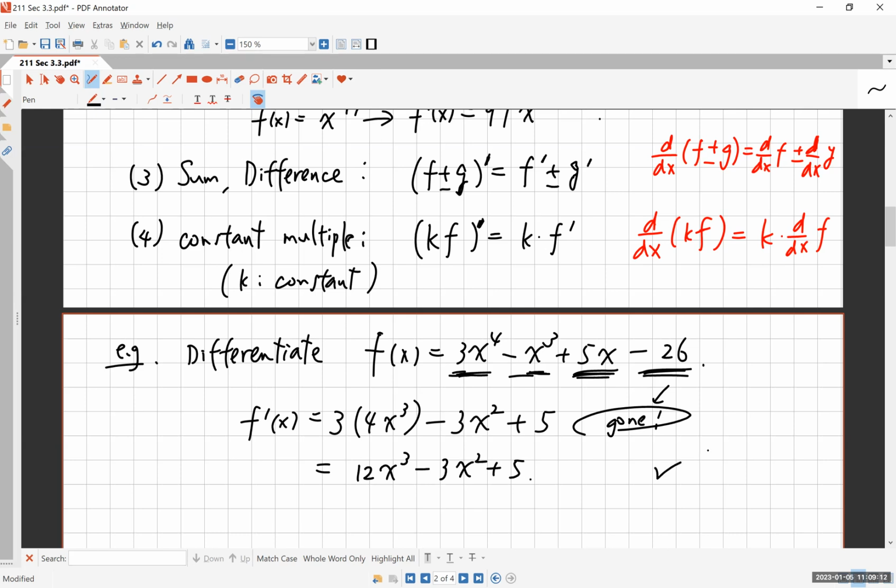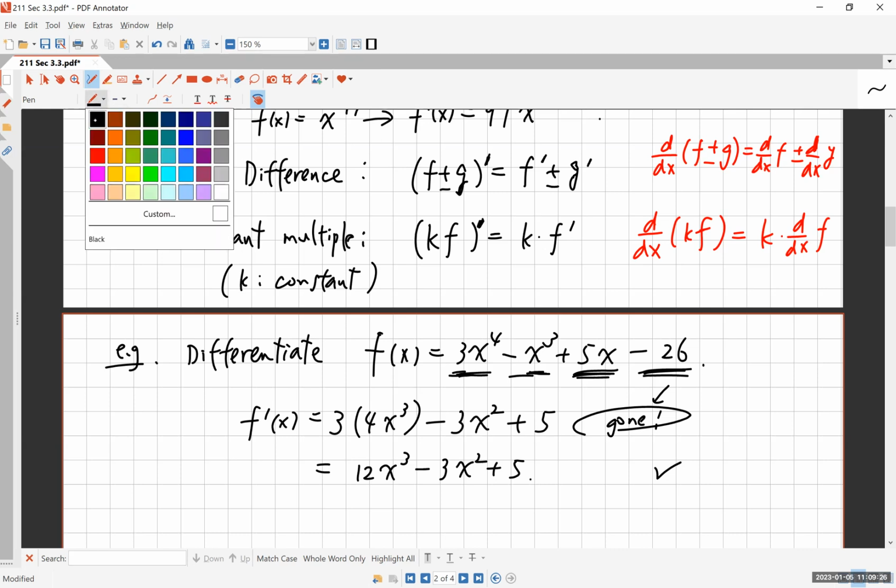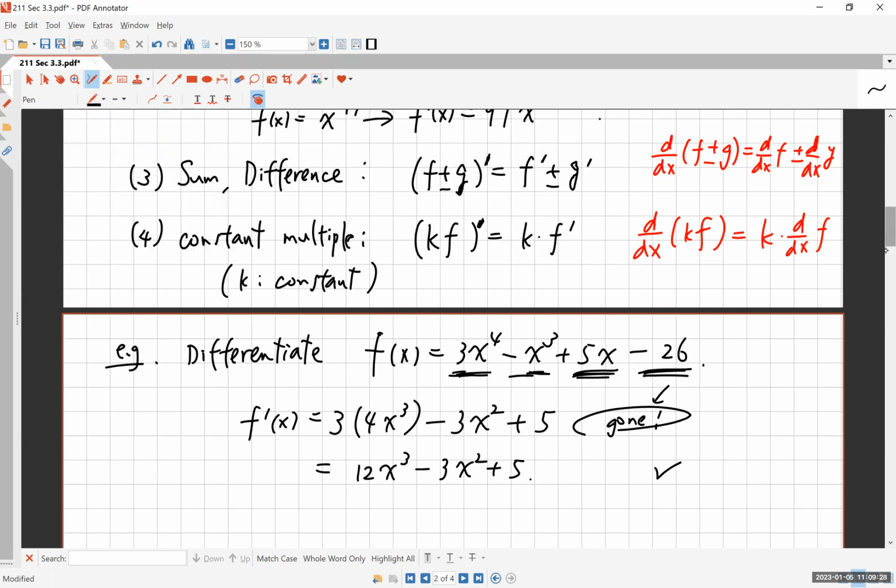All right, so remember I said a few sections ago that within a couple of days, you would not have to take limits as h approaches 0 anymore, and that you would be able to figure out derivatives very quickly. This is what I was referring to.